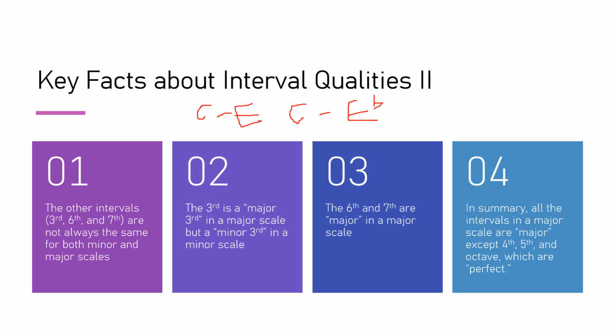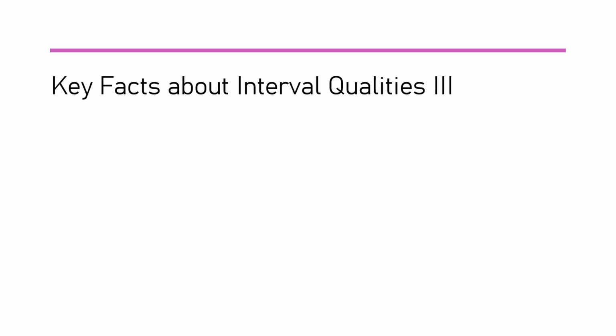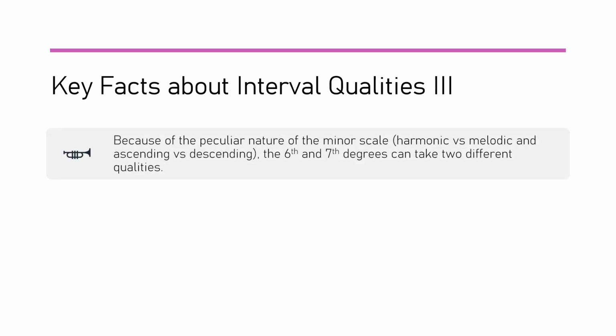If I'm to name the intervals in a major scale, I will say major second, major third, perfect fourth, perfect fifth, major sixth, major seventh, and perfect eighth. So that's for the major interval. Very straightforward.